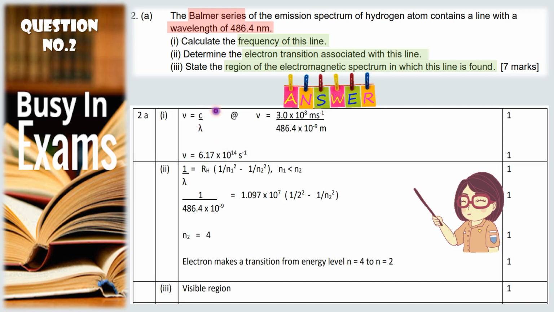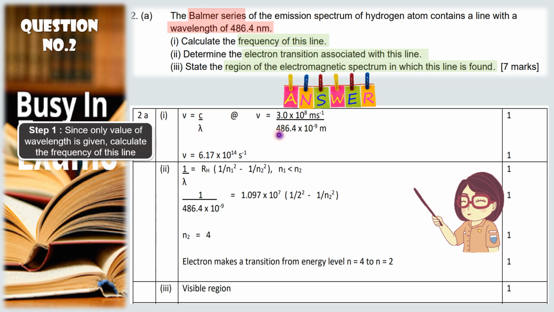So you can use the formula: frequency is equal to c over lambda. But remember, first of all, you have to convert the unit of wavelength, that is the nanometer, into meter. So you can refer to my previous video on how to convert from nanometer to meter.